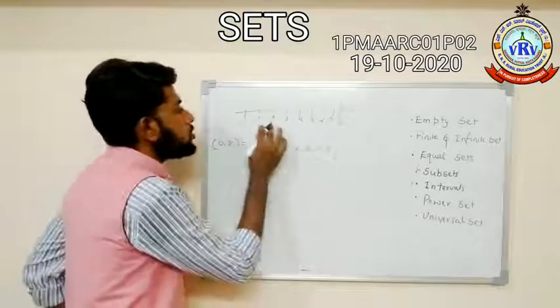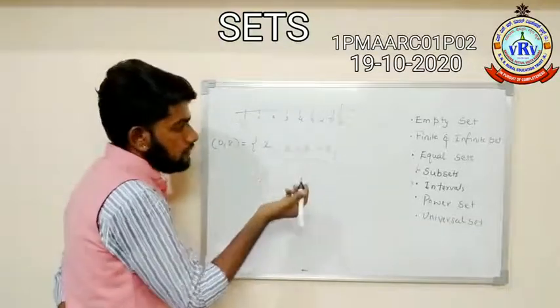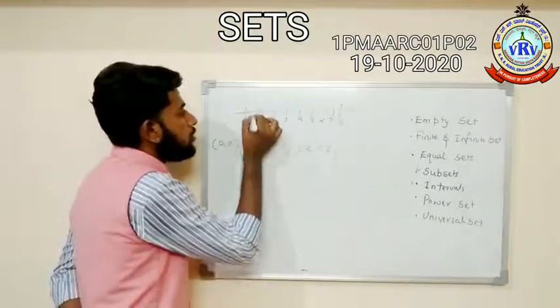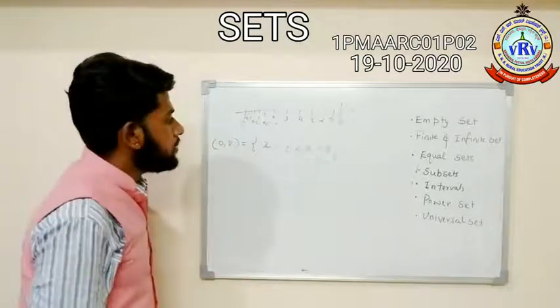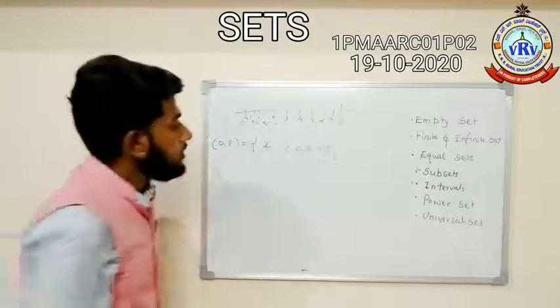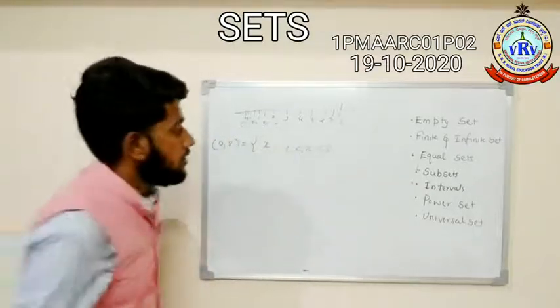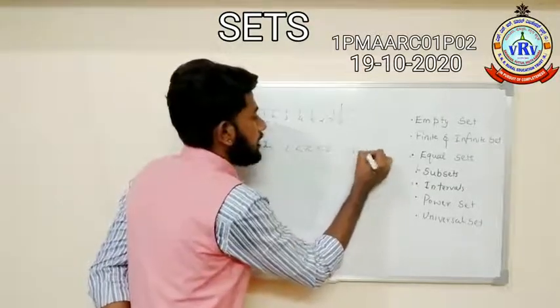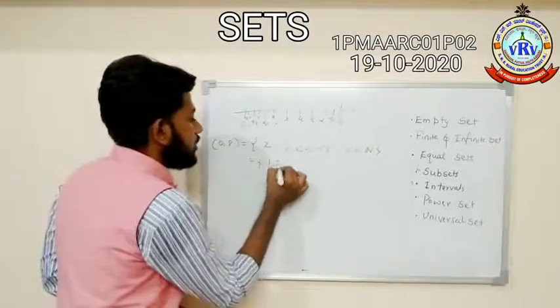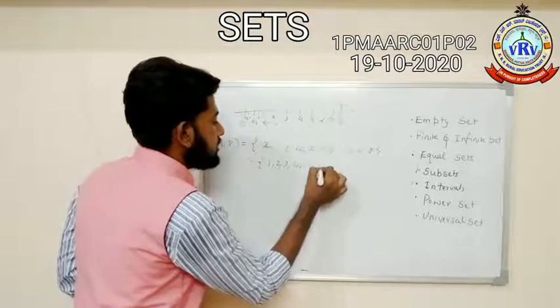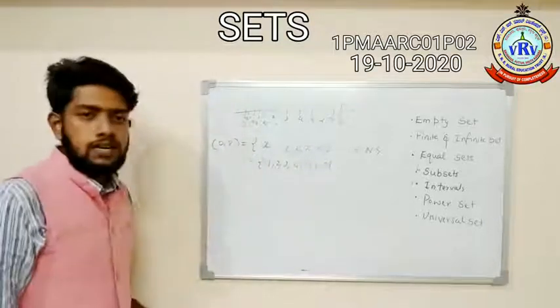This contains not only the natural numbers 1, 2, 3, 4, it contains 0.1, 0.2, 0.3, all these numbers. If you give the condition that x should be a natural number, then this set contains 1, 2, 3, 4, 5, 6, 7.